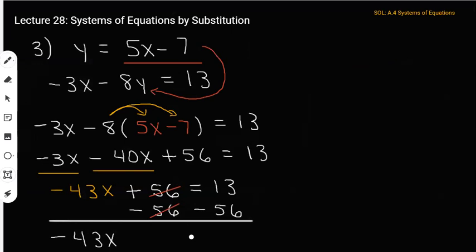The next thing I'm going to do is I'm going to do 13 minus 56. That's going to be a negative number, right? So if I take 13 away from 56, you're going to get negative 43. Yep. And I'll put that at the top up here.